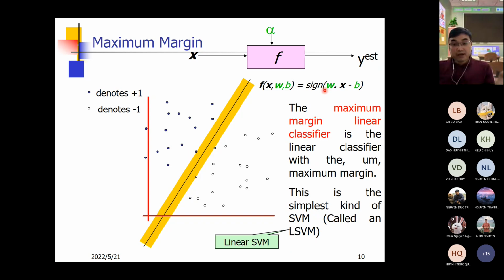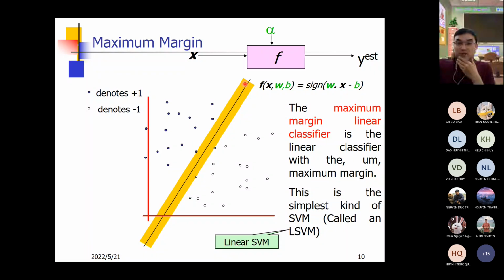So how to do that? When we are already calculating for this linear function or linear classifier, how can we know that this width is the maximum with this kind of hyperplane, right?